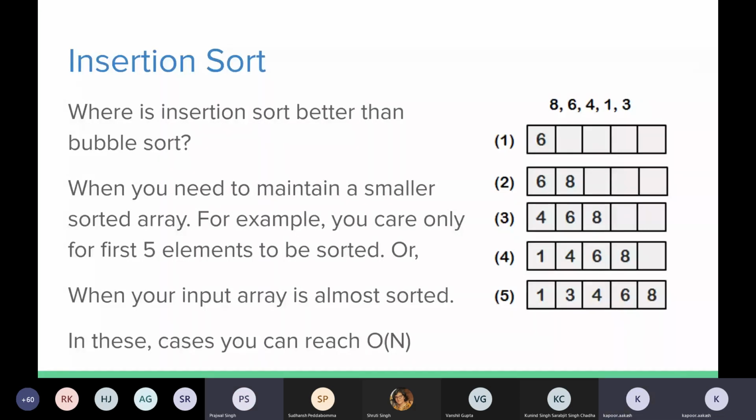If you're adding a random element to the sorted array, then you can actually do it in log n. But that element will not be present in the sorted array, right?